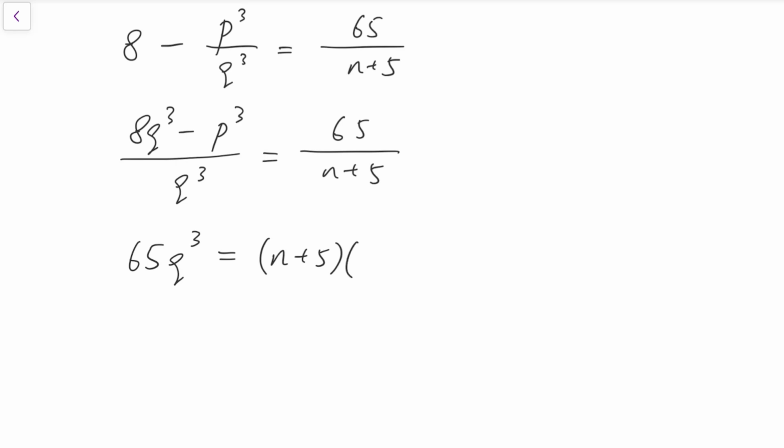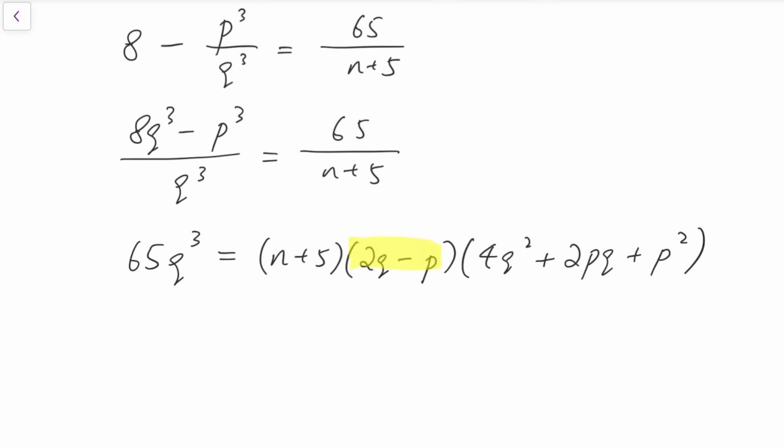We can factorize that with the identity of the difference of cubes, and we have (2q minus p) times (4q squared plus 2pq plus p squared). Now for the left, it's just a constant times the power of an integer. Notice that the integer q is coprime with the other unknown p.